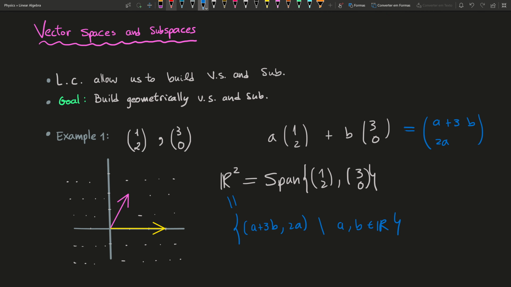Notice something else. Imagine that you have now, instead of these two vectors, the vectors (1, 0) and (0, 1). Geometrically, this means this vector and this vector. Notice that the span of this list is R² as well.